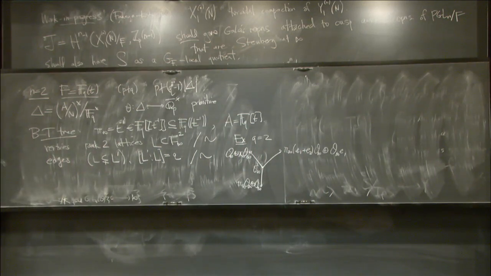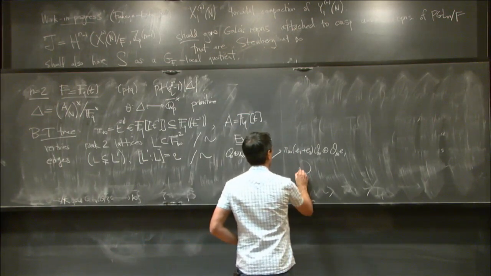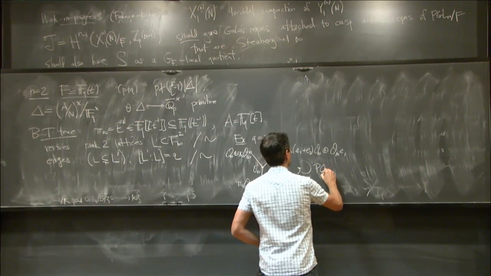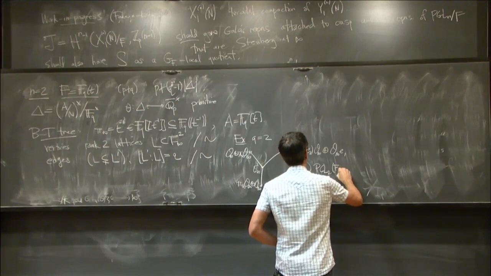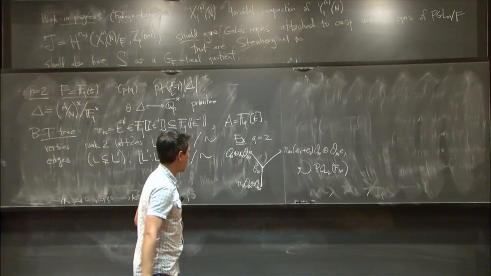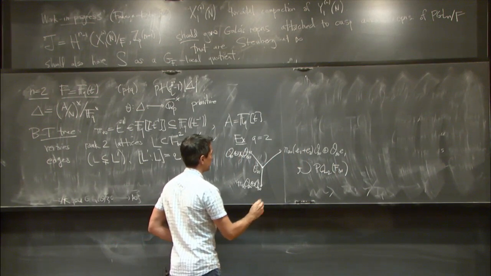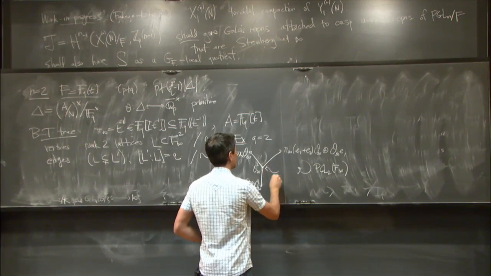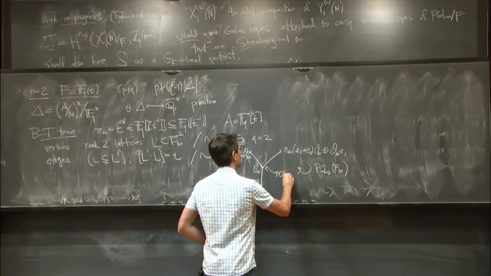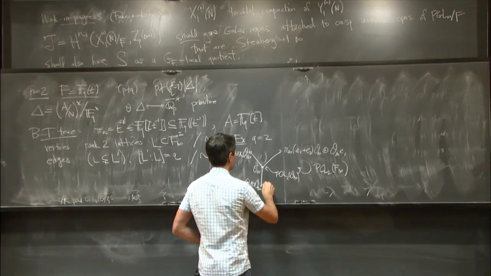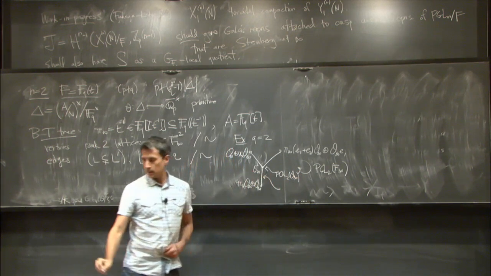Something like this. And then, of course, I have an action on my tree in general of PGL2 F infinity. And the stabilizer of this vertex is PGL2 O infinity. And the stabilizer of this, is it this one?